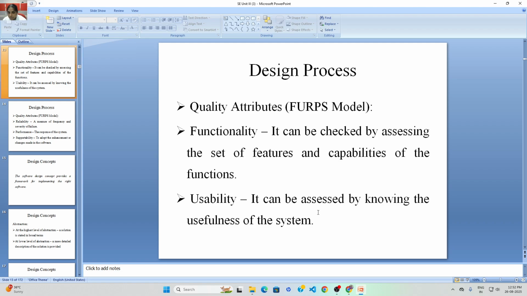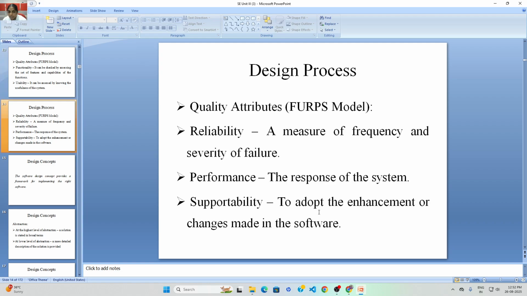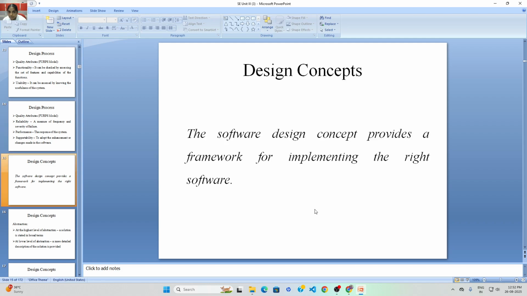Usability is assessed by knowing the usefulness of the system. Reliability measures the frequency and severity of the failures. Performance means how it responds in the system. Supportability means it adopts the enhancement changes made in the software.